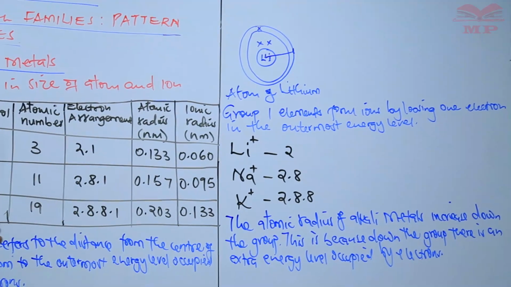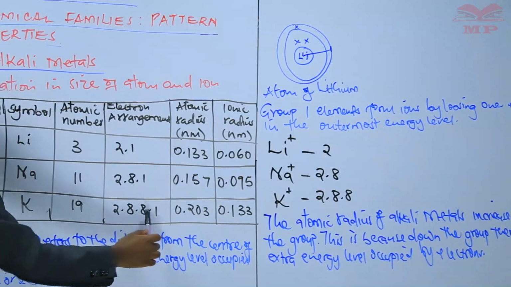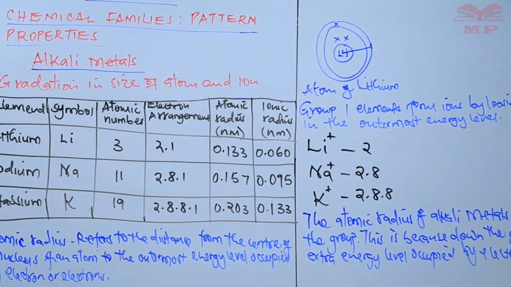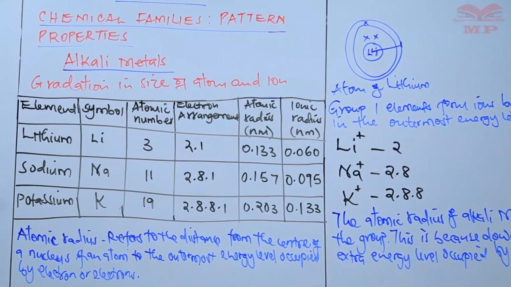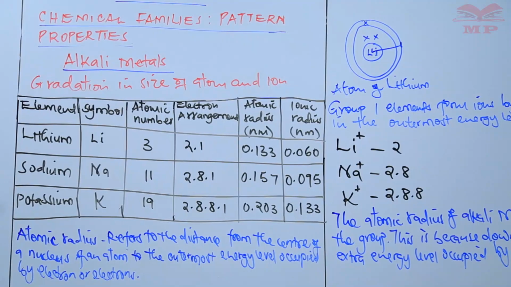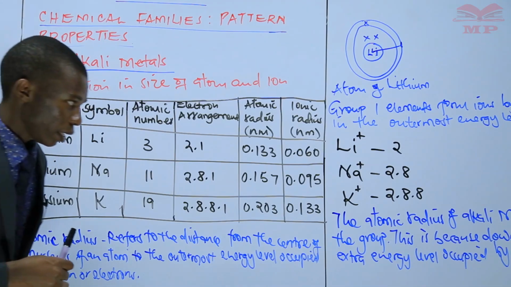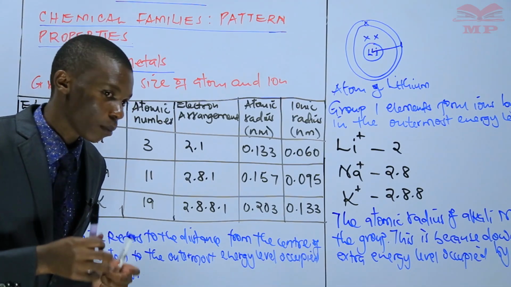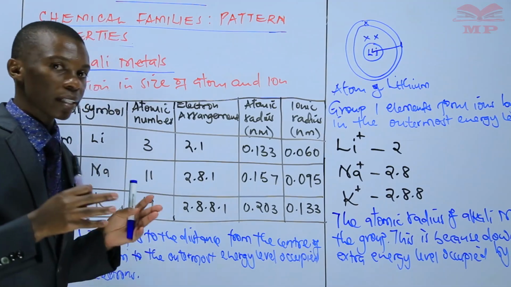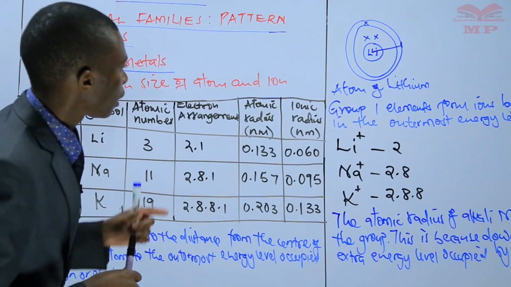And potassium has 4 energy levels occupied by the electrons. So as you go down the group, there's an extra energy level, and the number of energy levels increases.